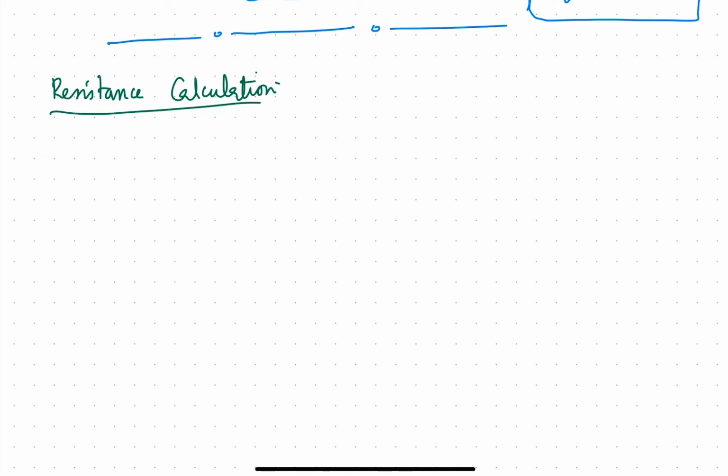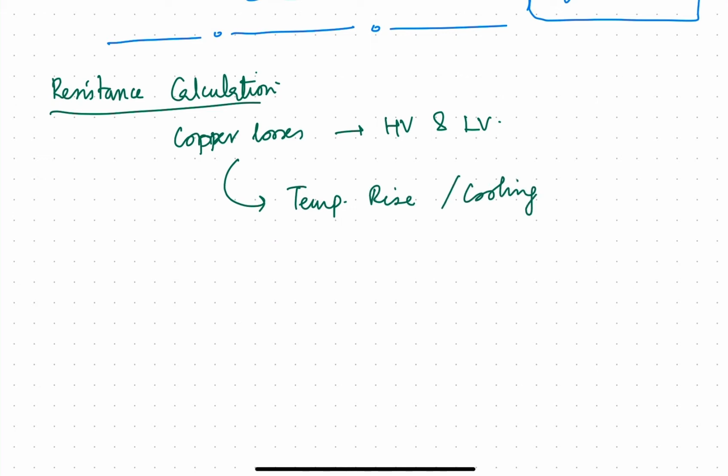If you ask why resistance needs to be calculated before the transformer is designed, this is because we want to estimate the copper losses in the HV and LV windings, and based on these losses we will find out the temperature rise, the cooling system to be designed, etc. So this is all the result of the calculation of the resistance.